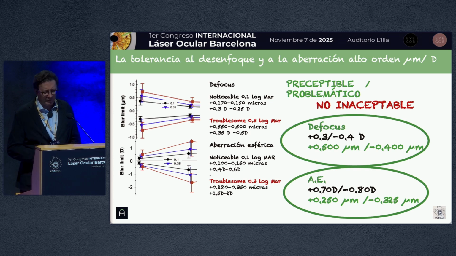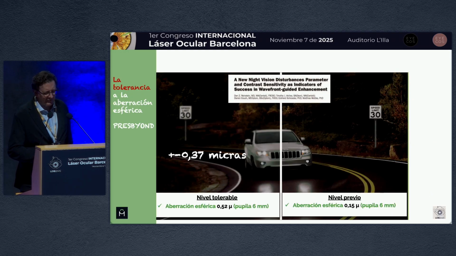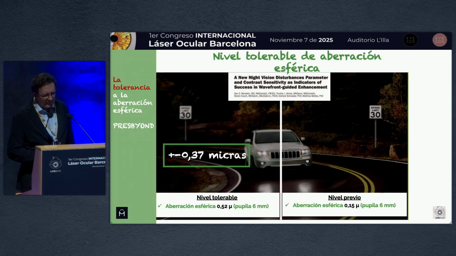And spherical aberration, that's the change. Plus 0 to 50. This is the change. That's the degree of tolerance. Presbyopic patients: plus minus 0.37 and 52. That's the range. That's the key, because if we go beyond that, we will not tolerate it. The eye will not tolerate it.